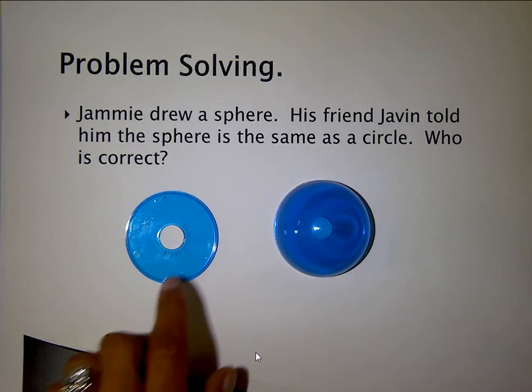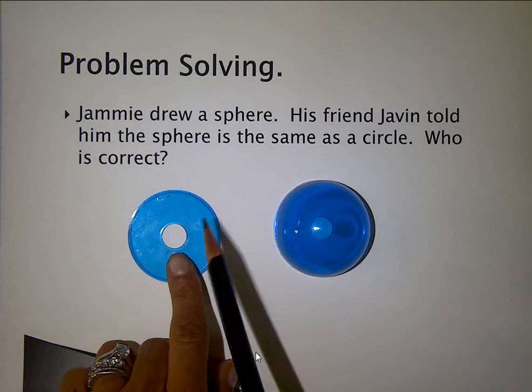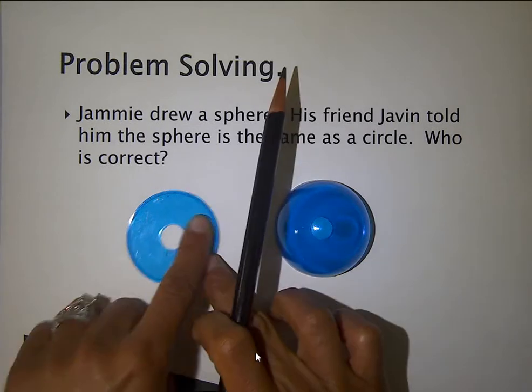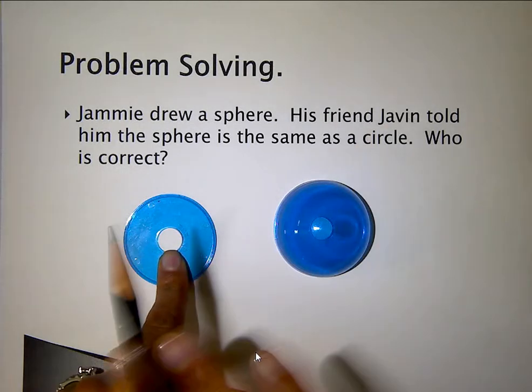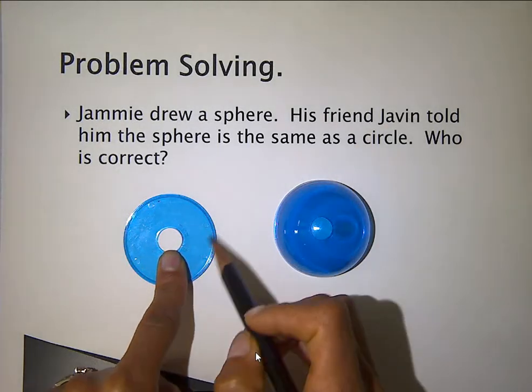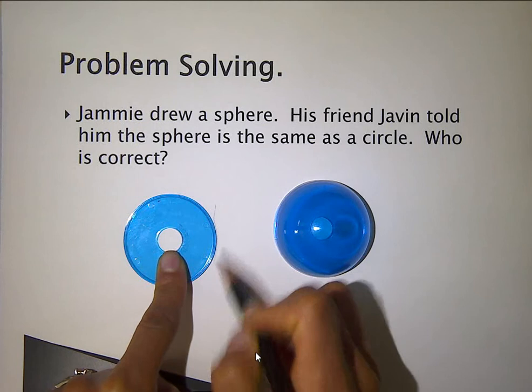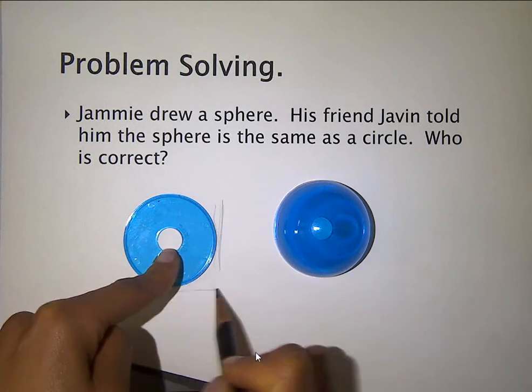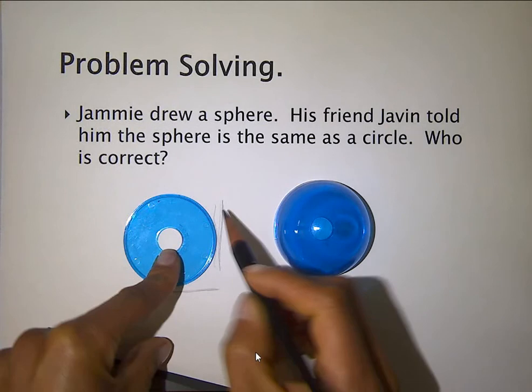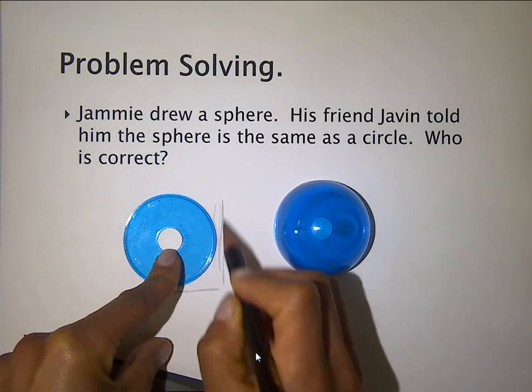Well, when I look at this figure, I see that it is flat. I can only see that dimension. I can see that part of this is up and down, and I can see side to side. So I can see those parts.